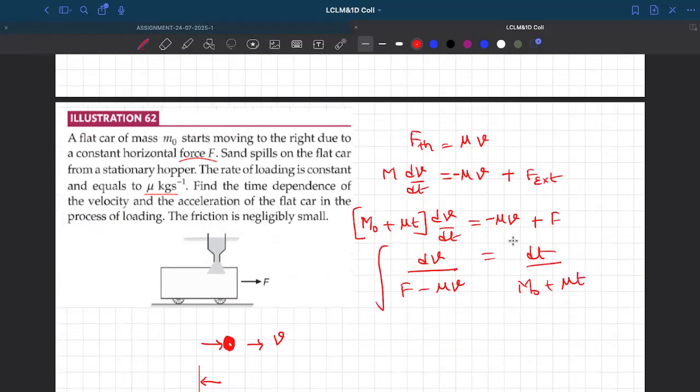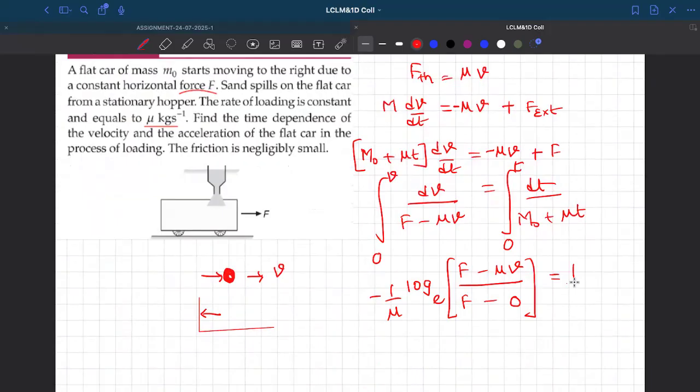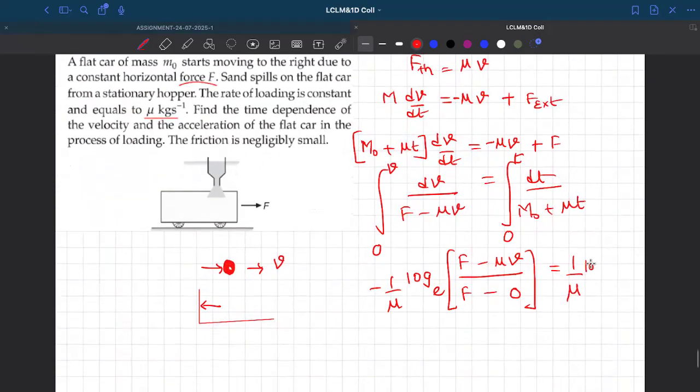Now you do the integration. At t equal to 0, velocity is 0. At some time t, the velocity is v. So this is minus 1 by mu log e of F minus mu v by F minus 0, equal to 1 by mu times log e of m naught plus mu t by m naught.